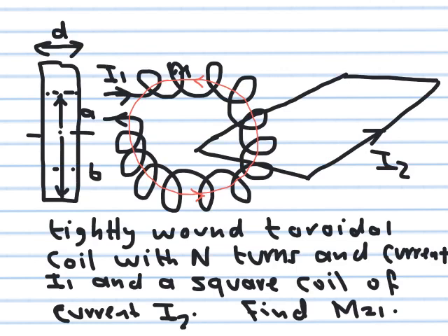So this flux is psi 2,1. Now, because this has only one turn, that flux links through the rectangular coil only once. The lambda 2,1 is equal to psi 2,1. So we simply do all this in math and get an expression for the mutual inductance.